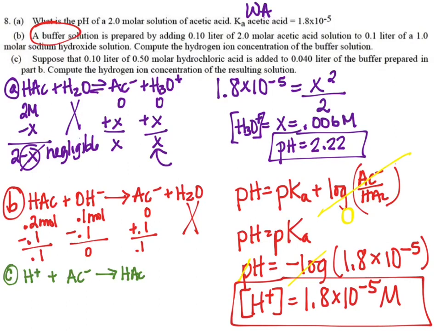Before I go any further, I'm going to go back up here and get the molarity of our HAC and AC. So I'm going to divide the 0.1s by a total of 0.2 to give me 0.5 molar.